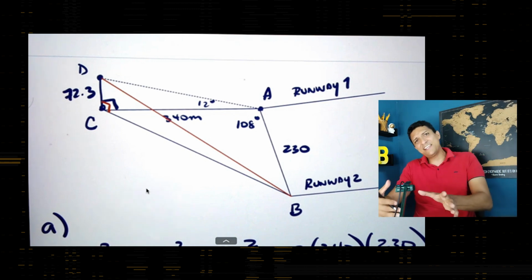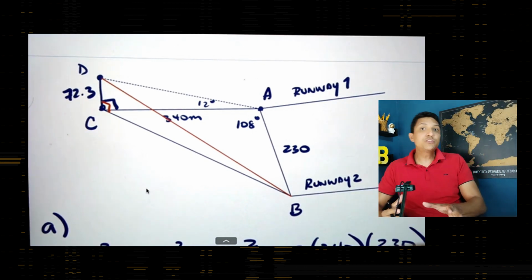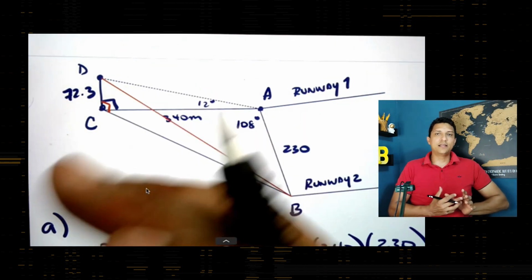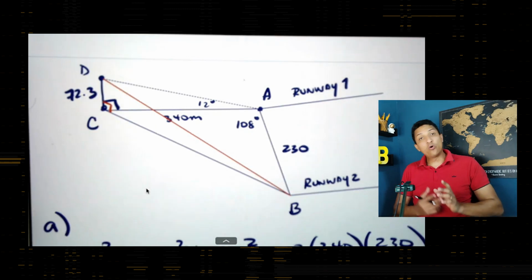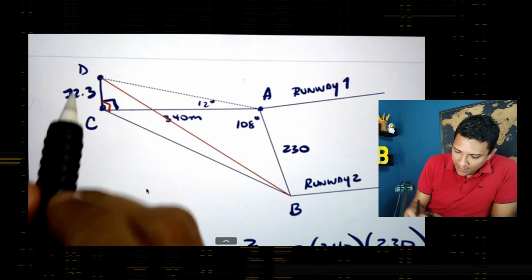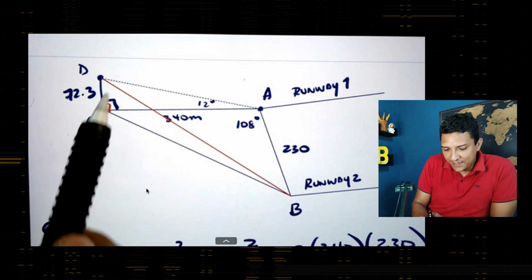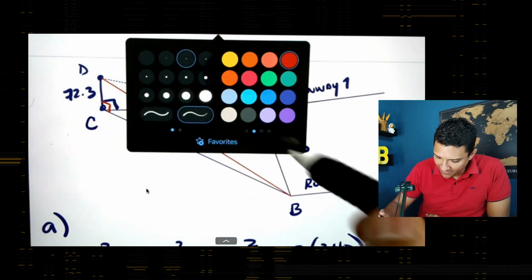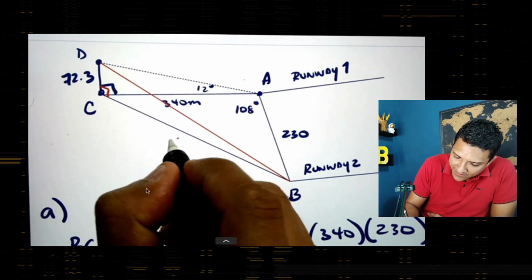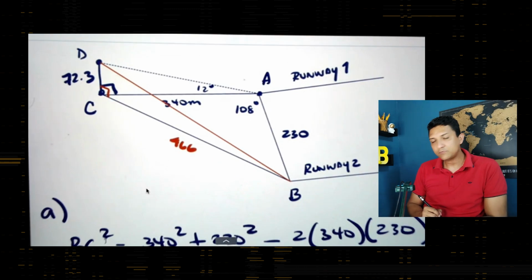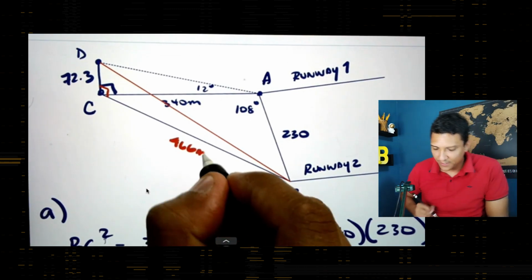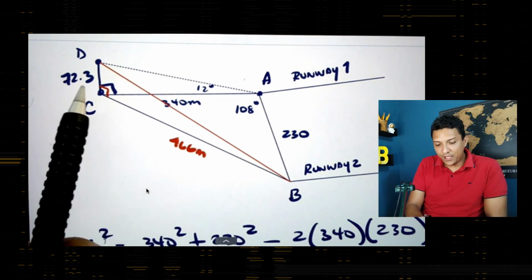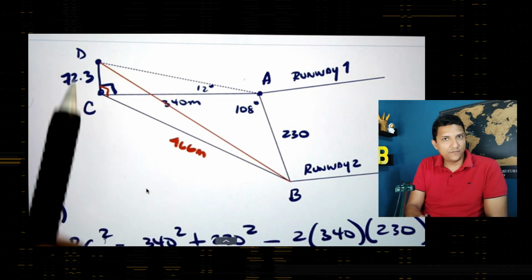I'm going to take this triangle apart so it is more understandable. Here we already know something. Let me write that down here. We know that this is 466 meters, of course.